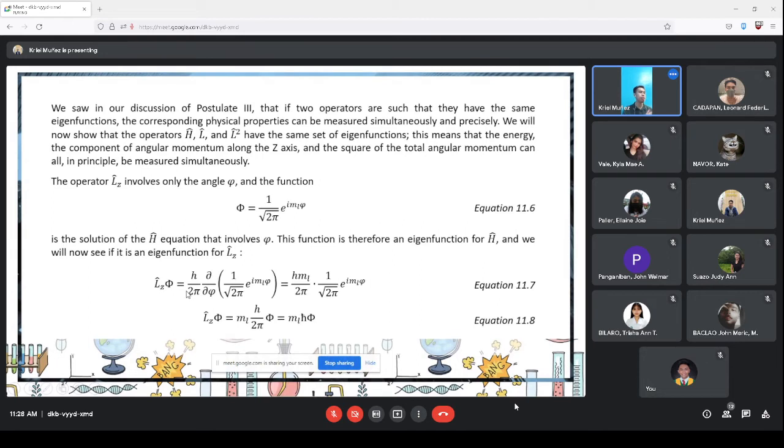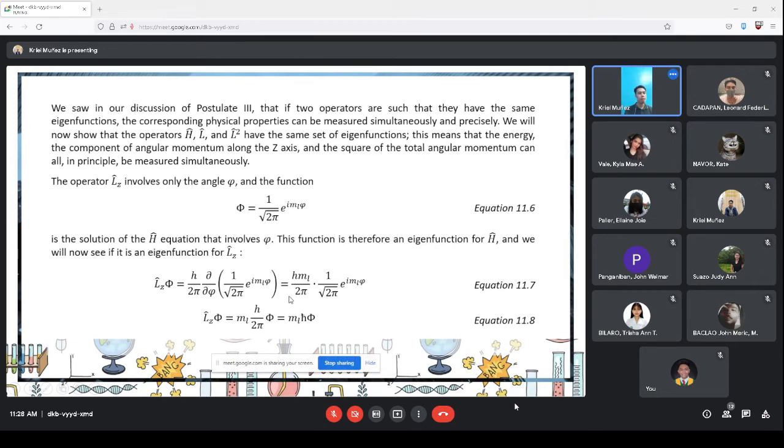That would give us h over 2 pi times the first derivative of the phi equation with respect to phi, which would give us h m sub l over 2 pi times 1 over square root of 2 pi e raised to i m sub l phi. So this one, class, is the same as your phi equation, right? So this operator returned back the phi equation.